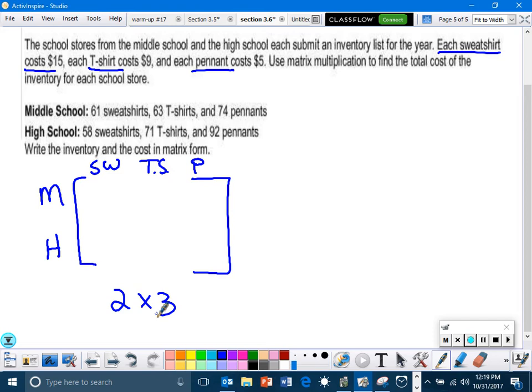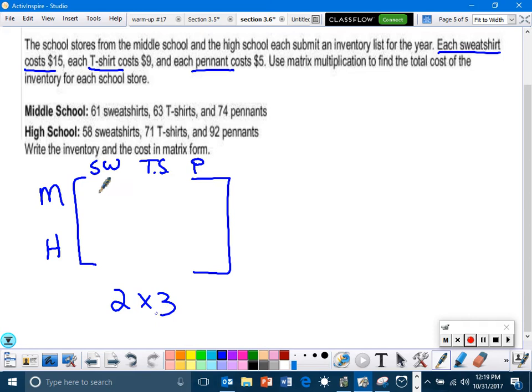Now it also tells us what the costs are. Let's back up. This matrix is for their inventory.